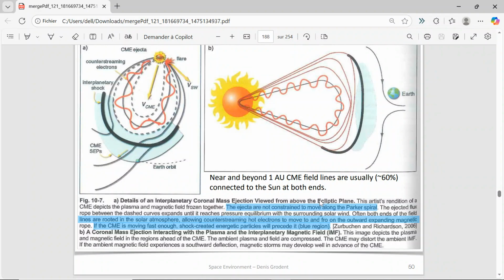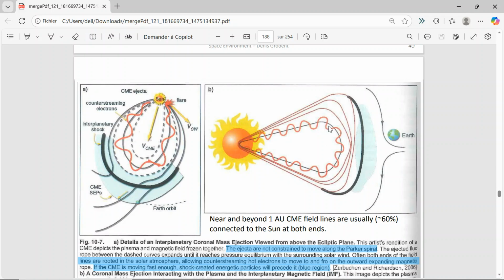The ejecta are not constrained to move along the particle spiral and follow a front. Here you have the plasma with the charged particles that will form what we call a supersonic solar wind that will perturb the Earth's magnetosphere.